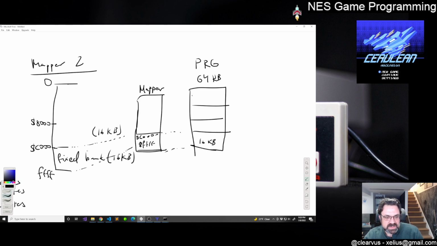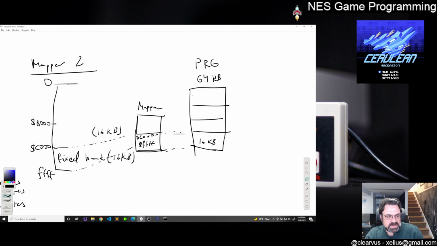So the mapper takes any request that's coming in for reading from address C000 to FFFF, and it's just going straight to this code in the program. Nothing ever changes. No funky business. Nothing too particularly interesting about that part of what's going on. I'm going to shrink this down for reasons that hopefully will become clear in a moment.